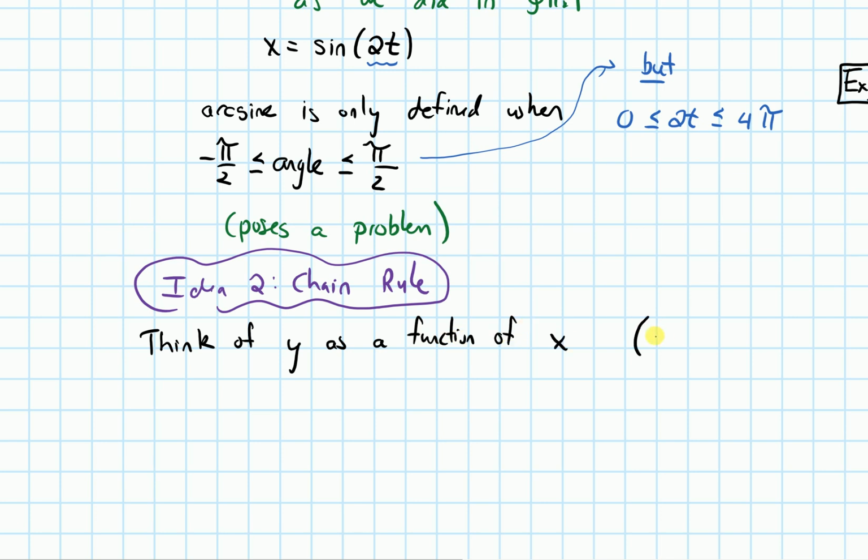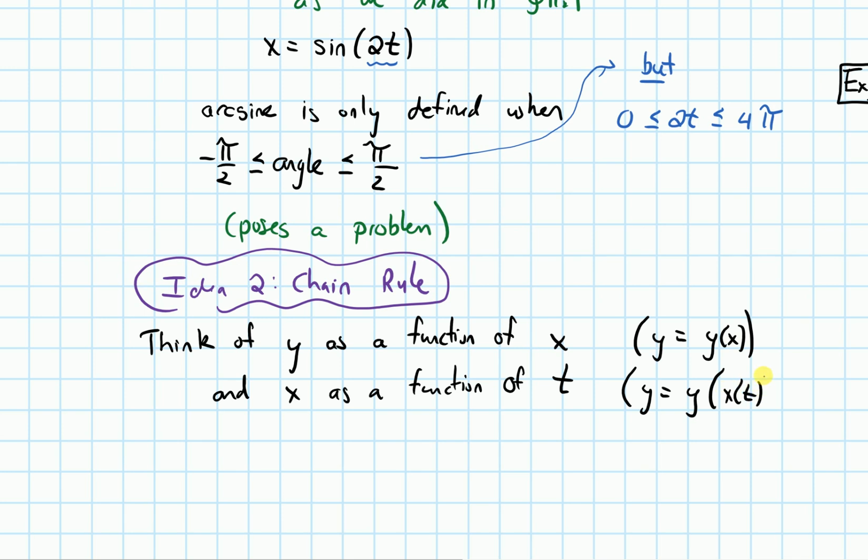So I could write y as y of x, in some sort of function notation. And let's think of x as a function of t. When we do that, we get y equals y of x of t. I'm putting this all in parentheses.